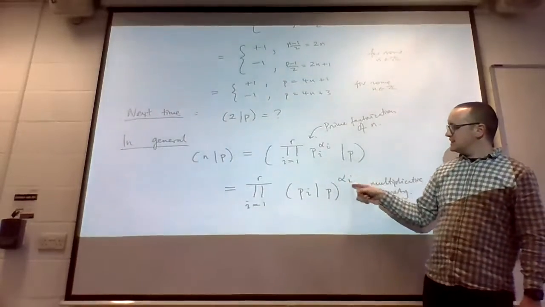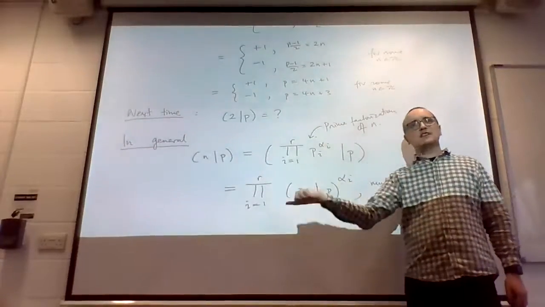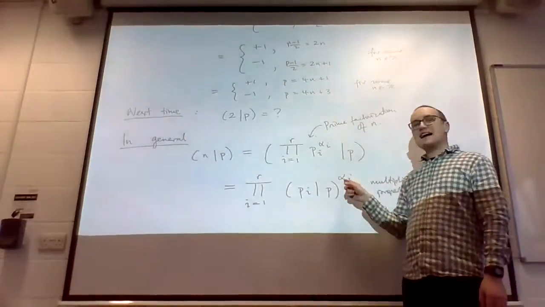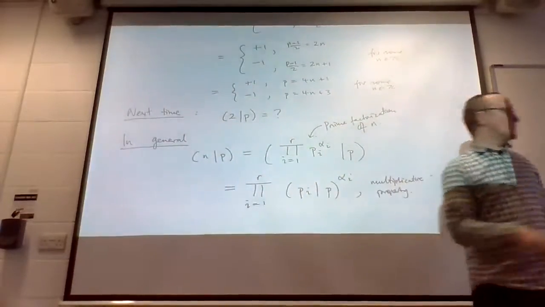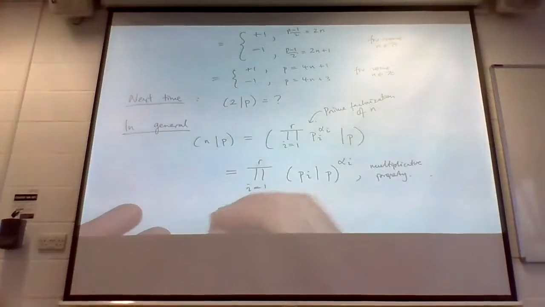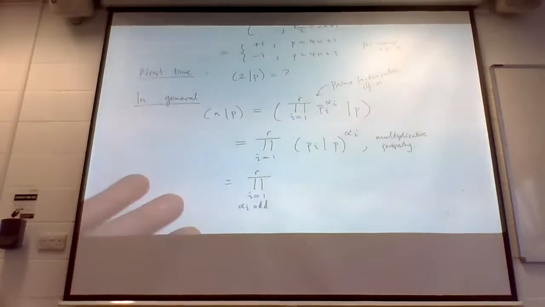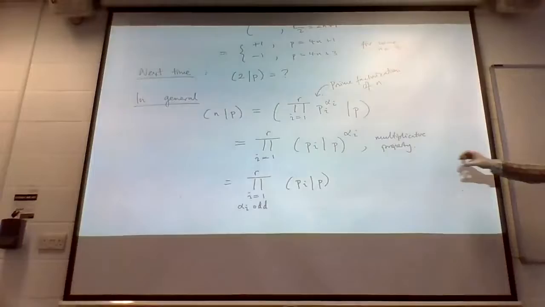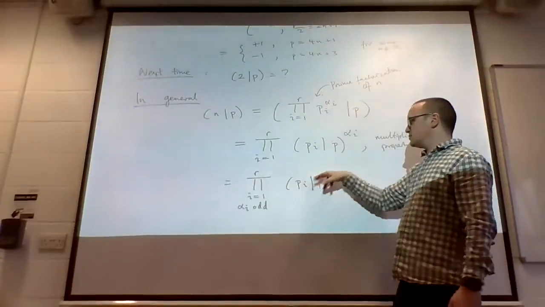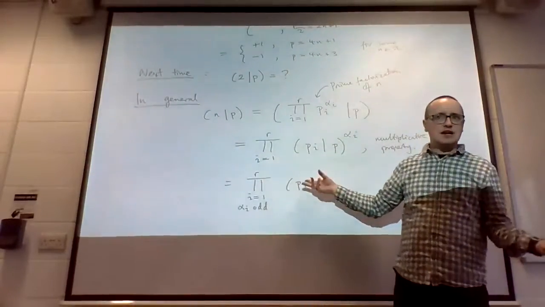Indeed, you can go a little bit further. These alpha i's are powers, and remember this Legendre symbol is either +1 or -1. So if those alpha i's are even, then this will automatically be +1, so you can drop it from the product. Really, you only need to consider the product over the i such that alpha i is odd. In that case, you don't need the odd power anymore because +1 to an odd power is +1, and -1 to an odd power is still -1.